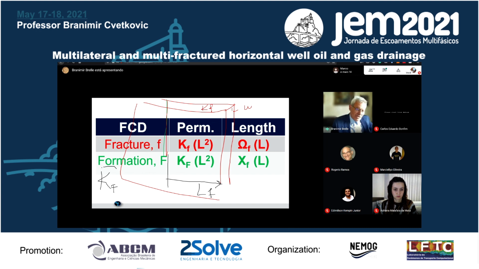So formation K is not a very big number, but LF is a big number, okay? So I have this. On another side, I have here omega, which is a very small number, but KF permeability is a huge number because it's finite conductive. So it is really a huge number. It can be 100,000 millidarcy. It's a big number.